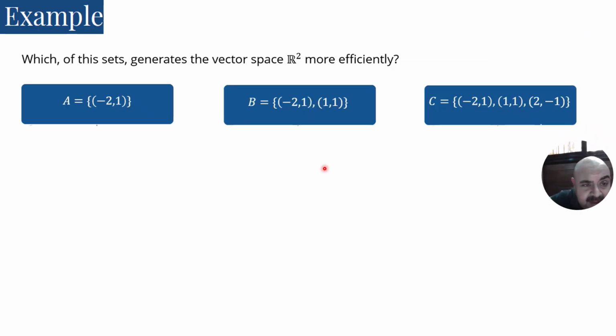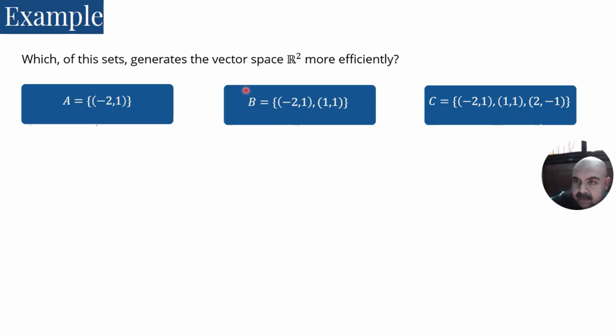In this example, we are seeking which of these sets can generate R2. The question is which of these sets generates the vector space R2 more efficiently.